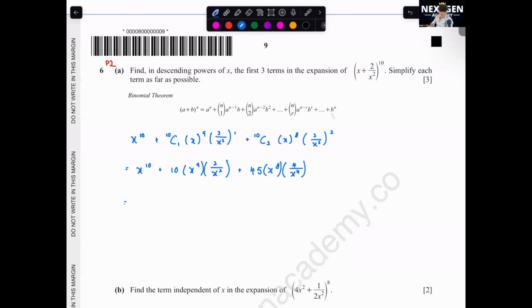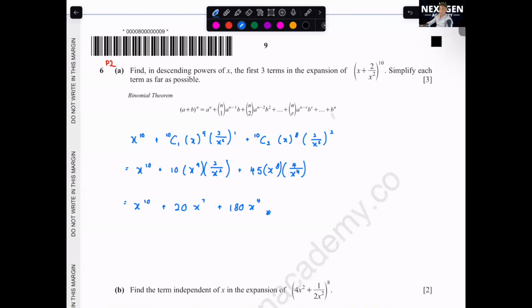Simplify it: x to the power of 10, plus 20, 9 minus 2, x to the power of 7, plus 45 times 4, 180, x to the power of 8 divided by x to the power of 4, x to the power of 4. This will be your final answer: x to the power of 10 plus 20x to the power of 7 plus 180x to the power of 4. This one is an easy, 3 marks question.